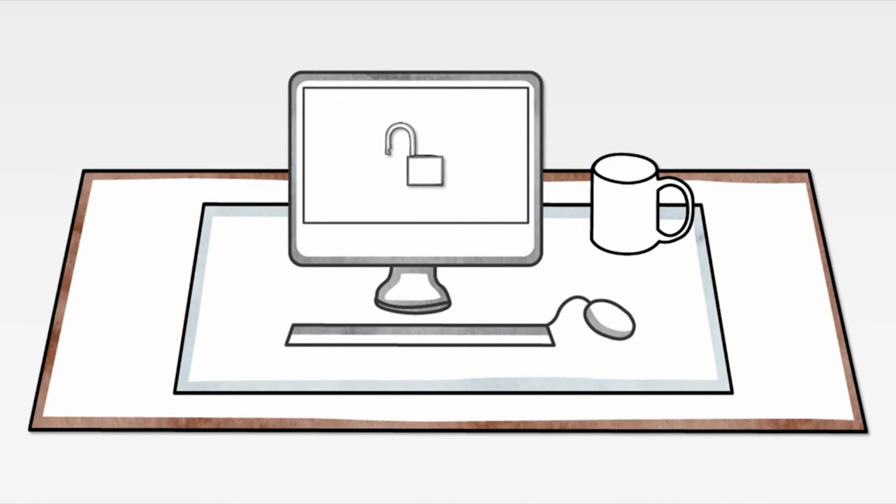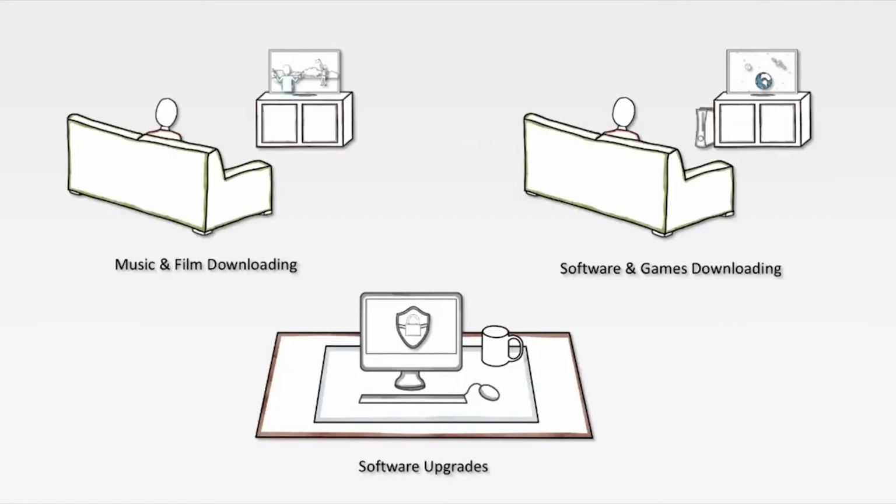The ability to download software updates, such as bug fixes online, is usually built into most software applications nowadays. Music and film downloading, software and games downloading, and software upgrades are all extremely popular uses of online services that make it quick and easy to access without the need to travel to the shops.